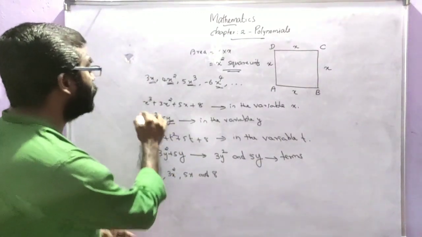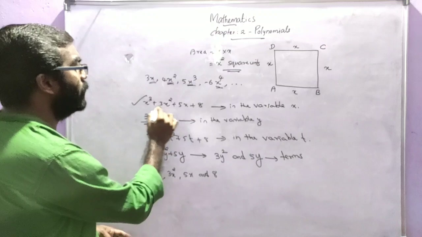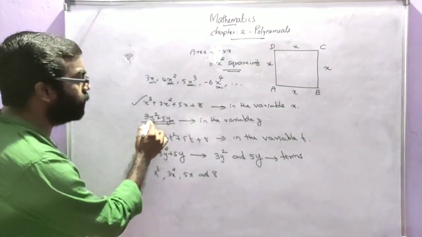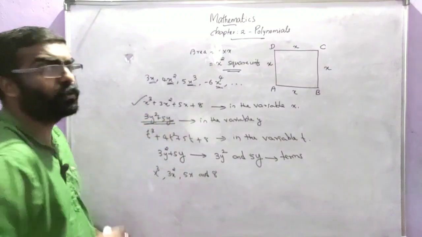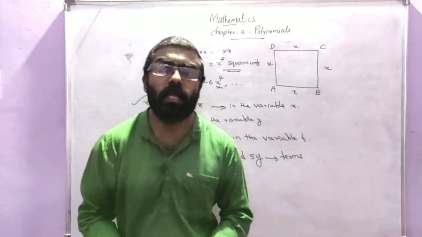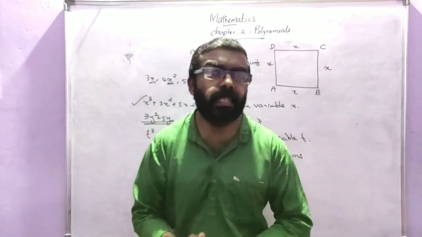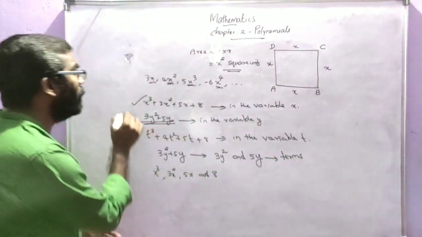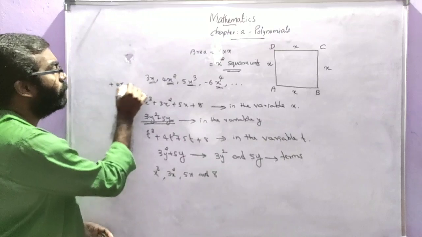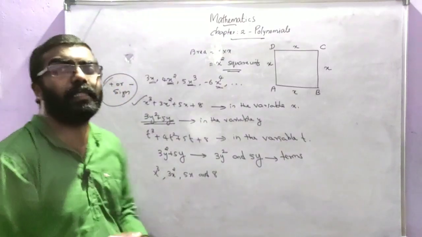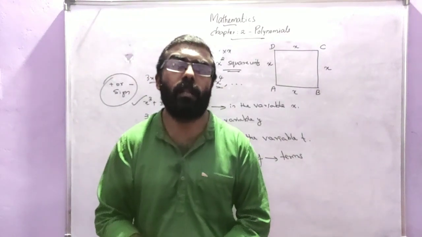That means this polynomial has 4 terms, and the other example has 2 terms. The variables or constants separated by plus or minus symbol are called terms of the polynomial.